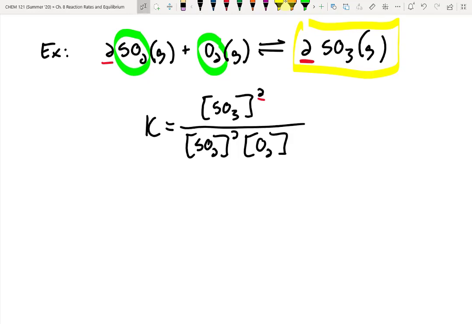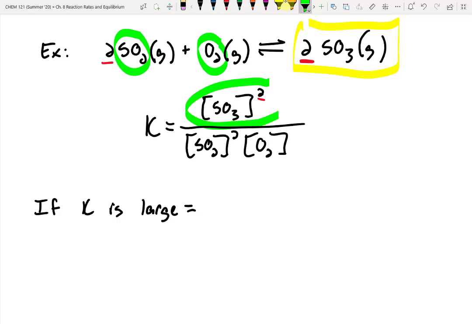It's just a basic mathematical model of our equilibrium concentrations, right? But let's imagine, if K is large, what does that mean? So if we calculate K, and it's a number, let's say, in the billions, well, that tells me that the numerator side must be massive, right? It must be a lot bigger than the denominator.